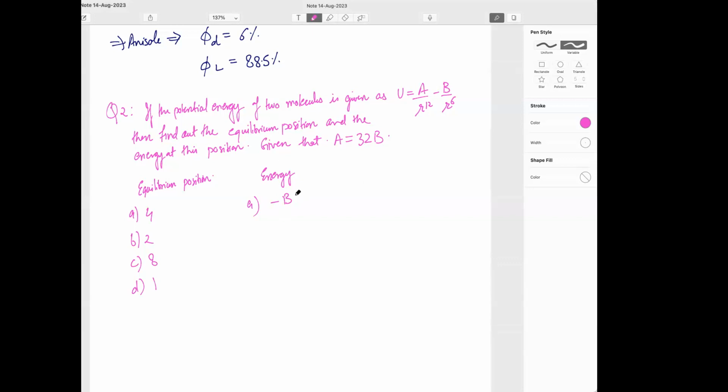To find out the equilibrium, you have to differentiate it. A and B are two constants, but we have to maintain uniformity. We have to convert it and then differentiate minus dU/dR, keeping the constant and differentiating R to the power 12 and R to the power 6.